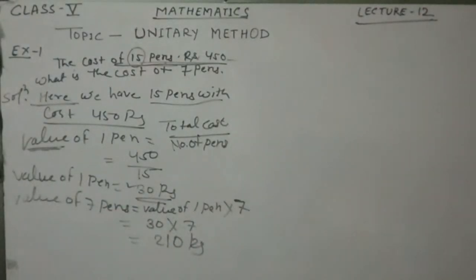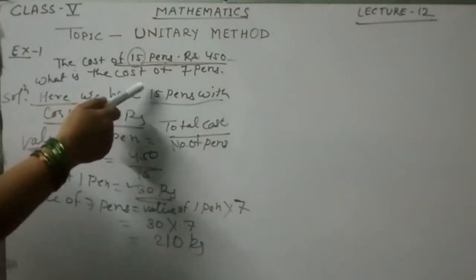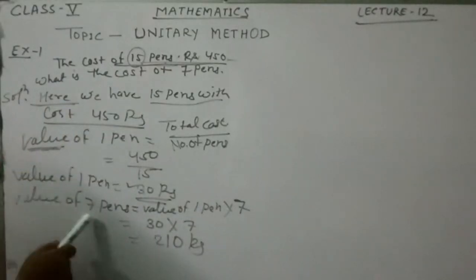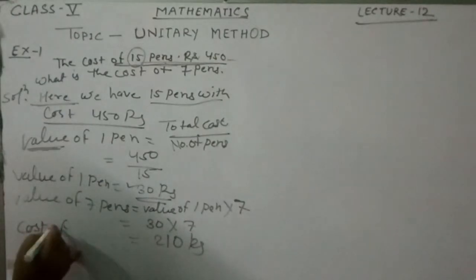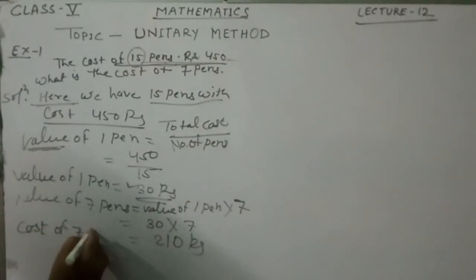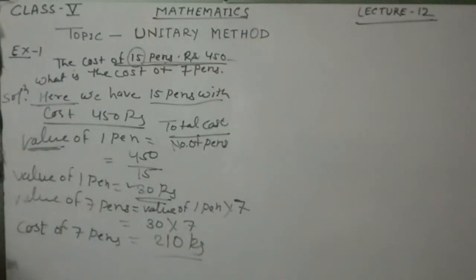Okay students. Now here first, the total means the cost of 7 pens. What is the cost of 7 pens? Easily we can find it. The cost of 7 pens is 210 rupees.